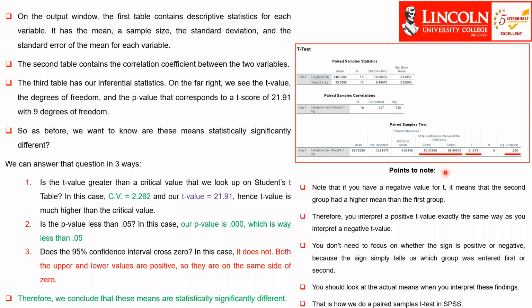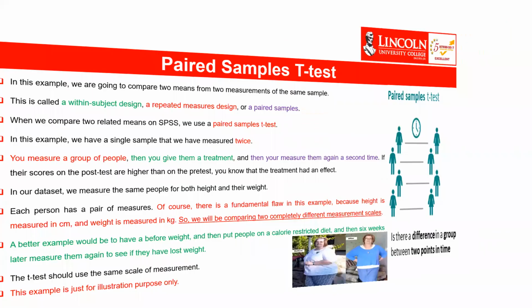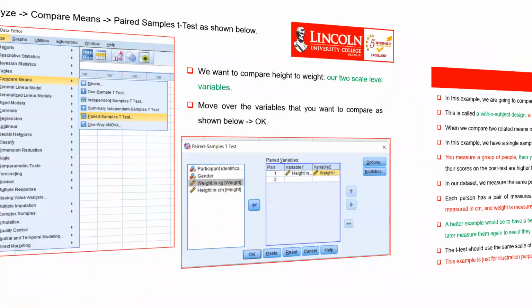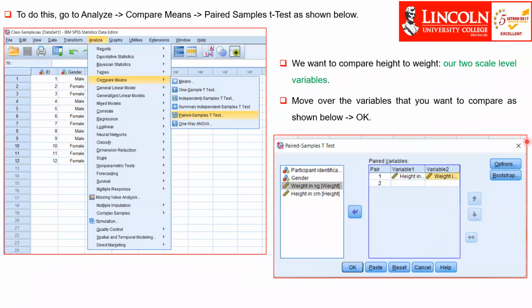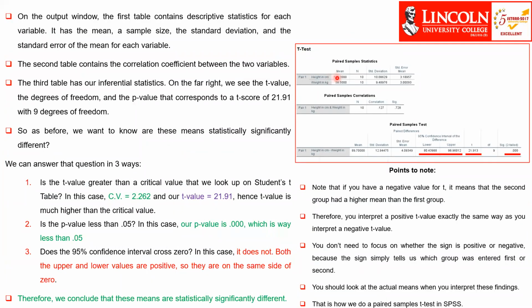Again, this is what I'm talking about. Here, if you put weight as variable 1 and height as variable 2, then your t value will give you a negative value because you'll be subtracting 148. In that case, the mean of your height will be more than the mean of your weight.